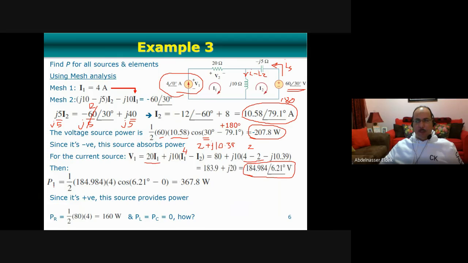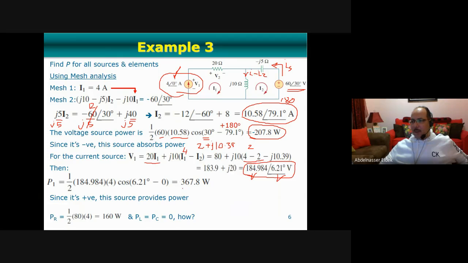Now to calculate the power in this source, it is 1/2 times Vm, the voltage here, 184.984, times the current, 4 amperes, times the cosine of the difference between the angles, which is 6.21 minus 0, because the angle of the current is 0.